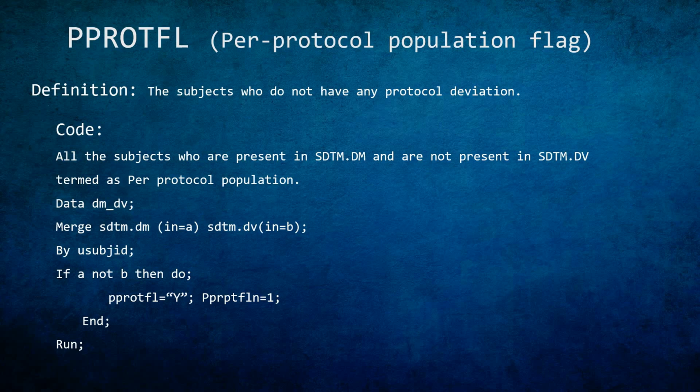Here we are just merging DM and DV by subject ID, and if the subject is present in DM and not present in DV, the per protocol population flag equal to Y, else N. So these are the 7 subject level population flags we create in ADSL, and those flags will be used later while creating TLF outputs to filter a particular population as per our mockup or mock shell.